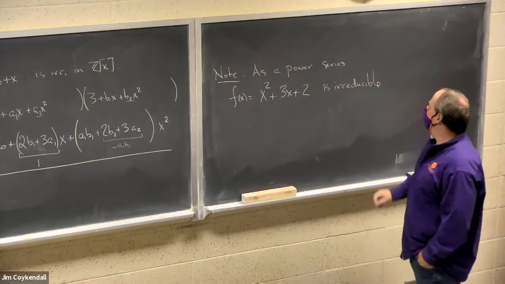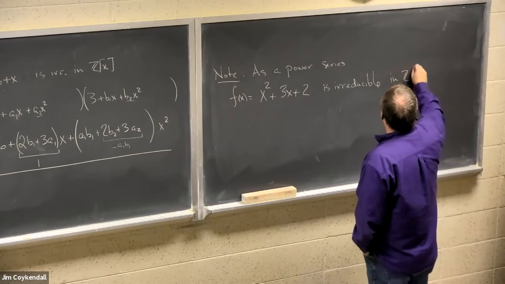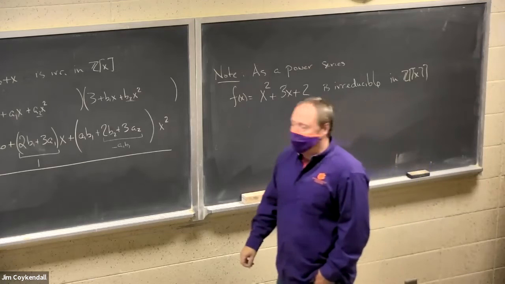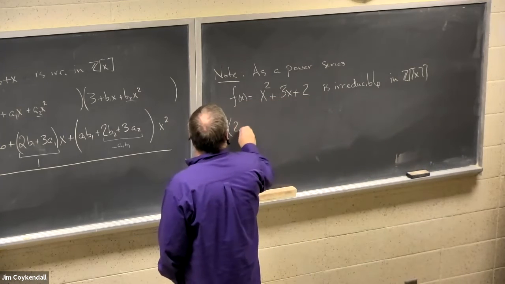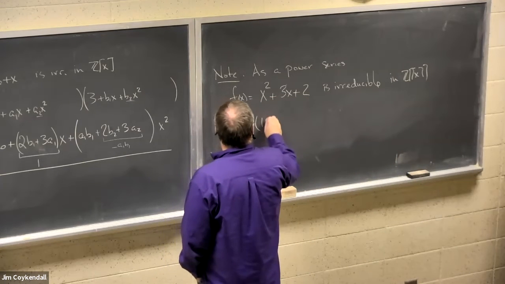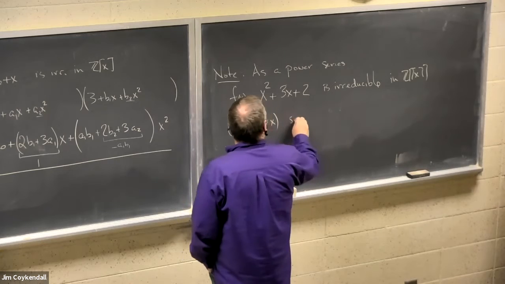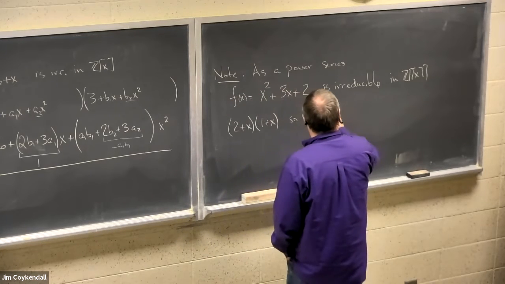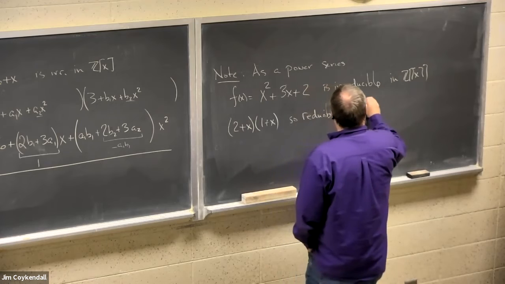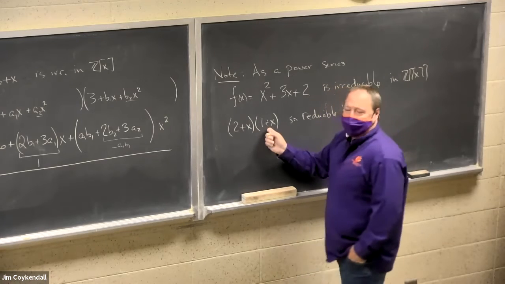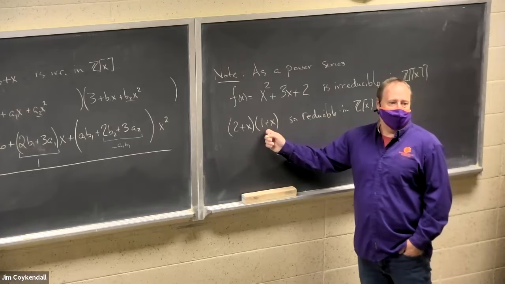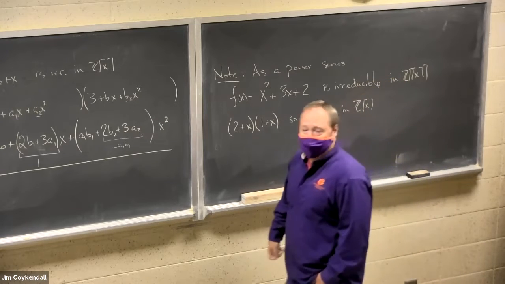Because 2 in Z is irreducible there, but it's also equal to 2 plus x times 1 plus x, so reducible in Z[x]. And see that irreducible factor in the polynomial ring is undetectable in the power series ring as a unit.